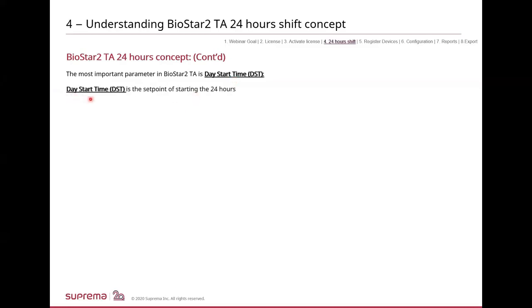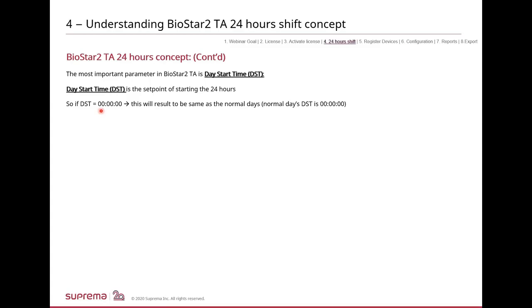So day start time is the set point of the starting of the 24 hours. For example, if we set up the day start time, which we are referring to here in our webinar as DST, please do not get confused or mixed up with daylight saving time. What we are referring to in today's webinar is day start time, not daylight saving time.